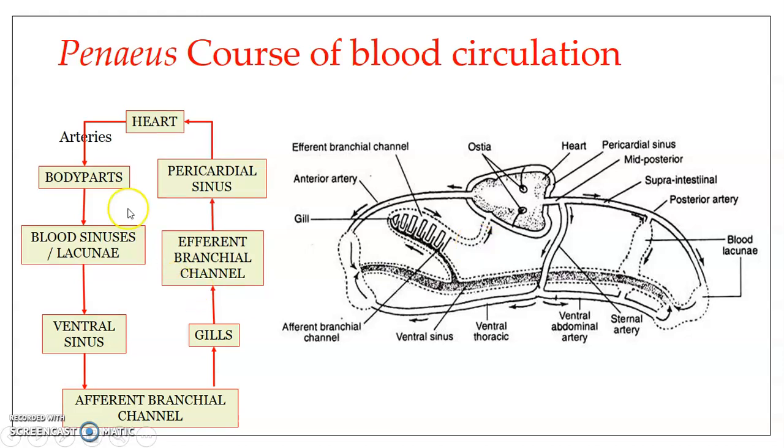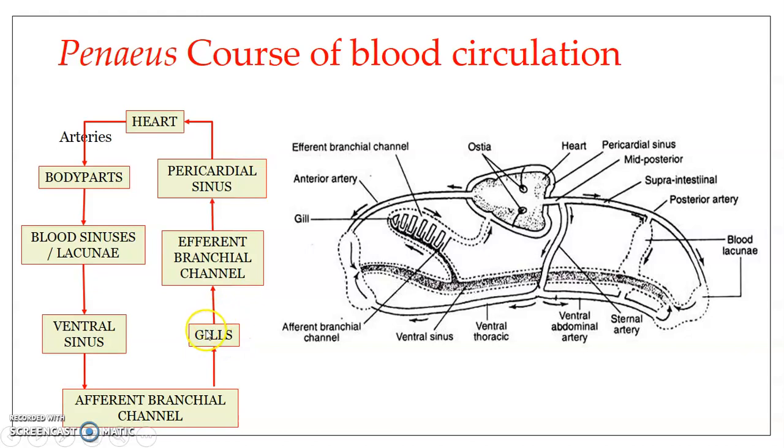Okay, so you can see here from the heart, arteries, different types of arteries. We have seen anterior and the mid-posterior and supraintestinal, sternal. All these arteries carry blood to various parts of the body. From there, it reaches the blood lacunae, right? And from these blood lacunae, blood is collected by a pair of ventral sinuses, which takes the blood to the gills through the afferent branchial channel.